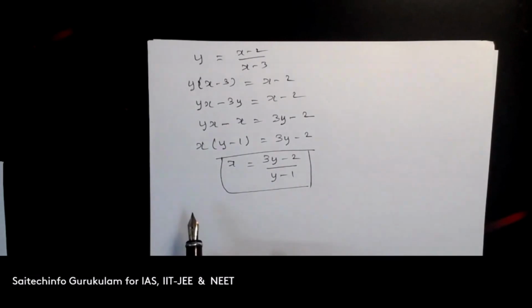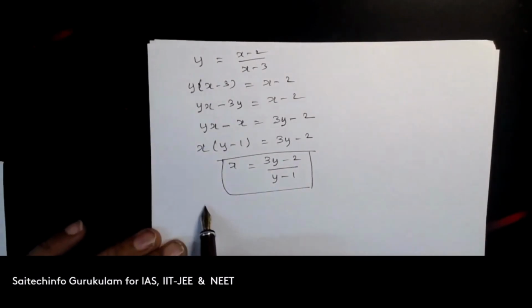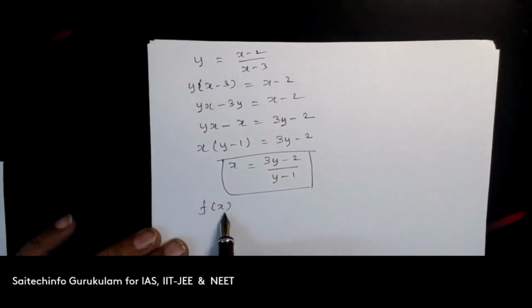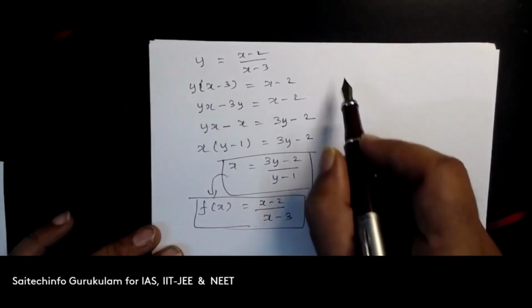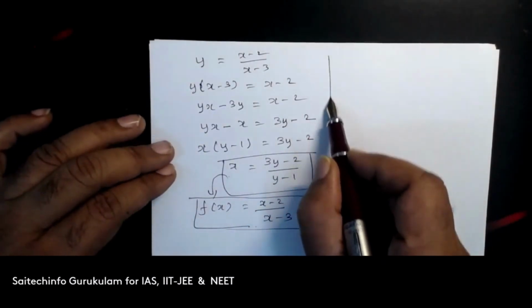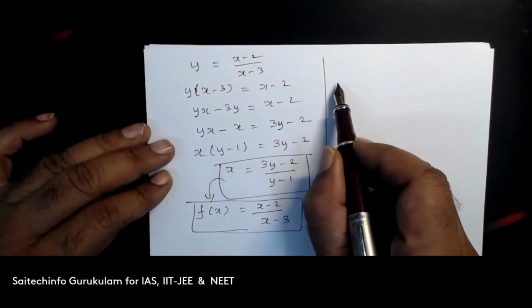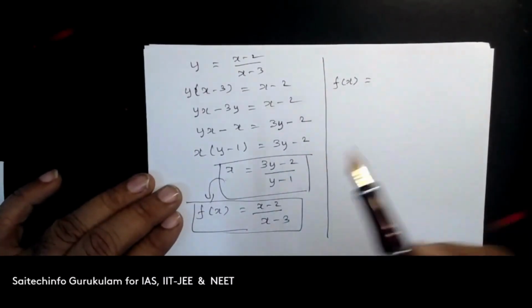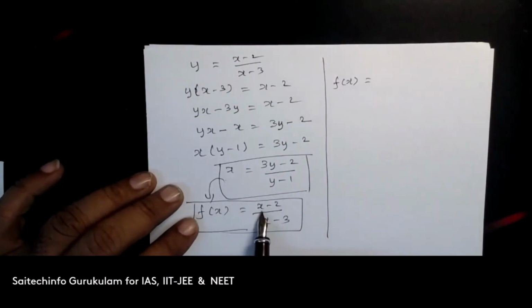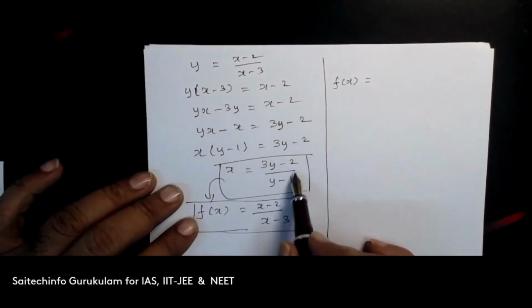Okay. Right. Now we know already f of x is equal to, that is the given function, x minus 2 divided by x minus 3. This is the given function. Okay. So what we are going to do is substitute this in this x. Therefore f of x is equal to, in place of this x, we have to substitute this.